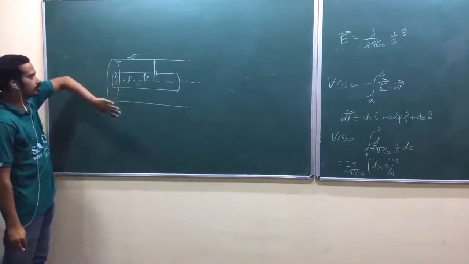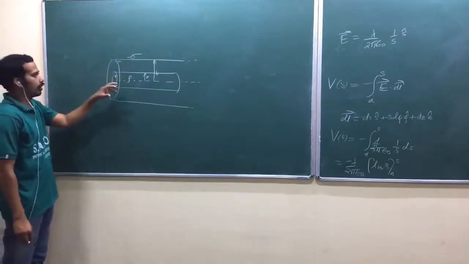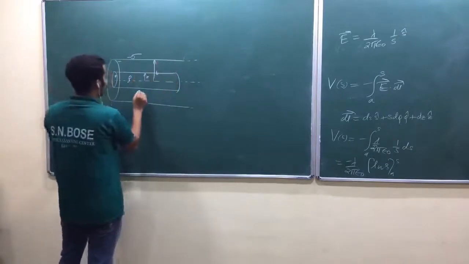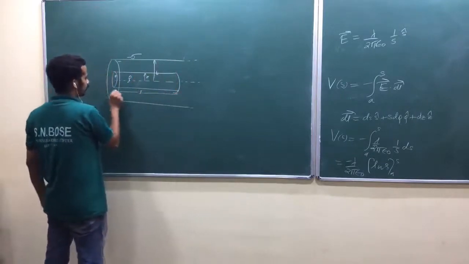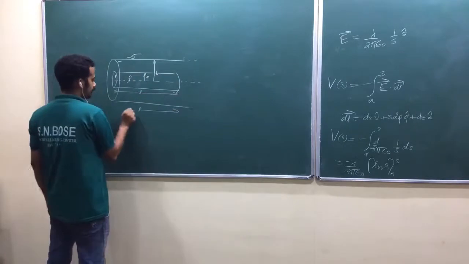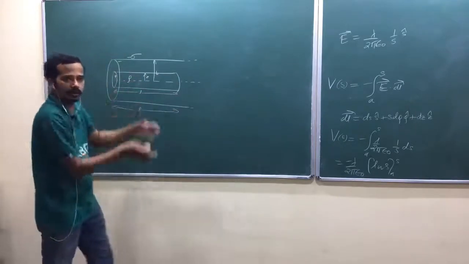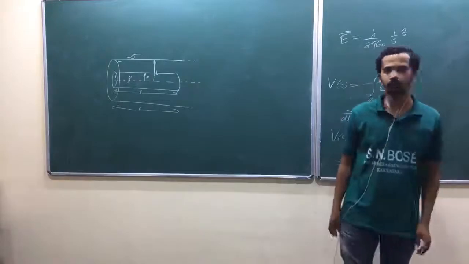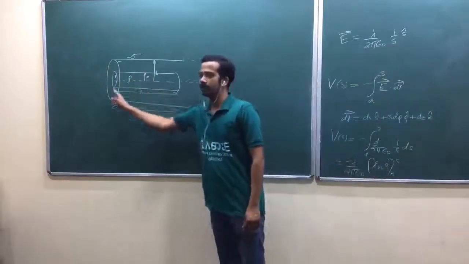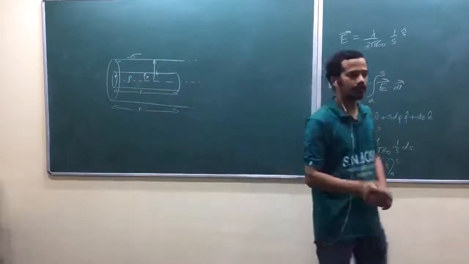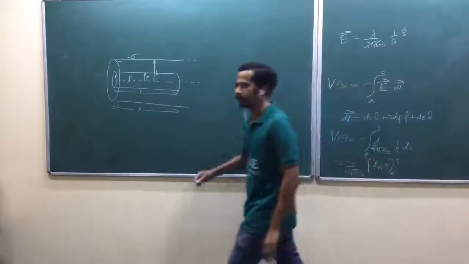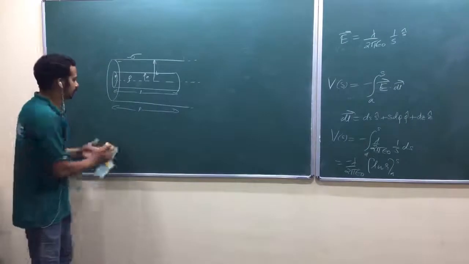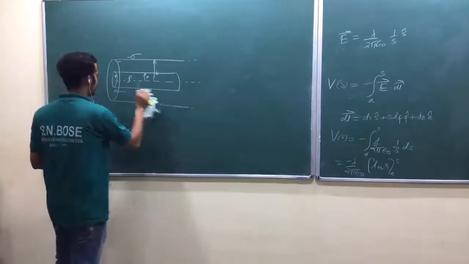Suppose I have taken length L. Now the total negative surface charge outside is equal to the total positive volume charge inside. They will cancel each other out, so that we can say it is electrically neutral. Is that okay? Let me read out the sentence. Wait a second.